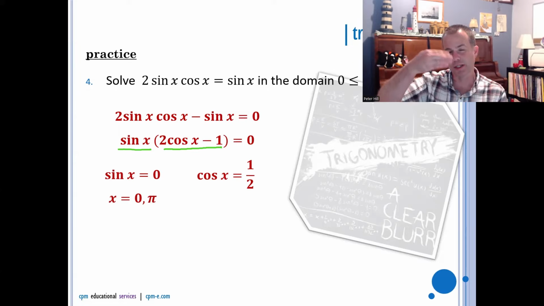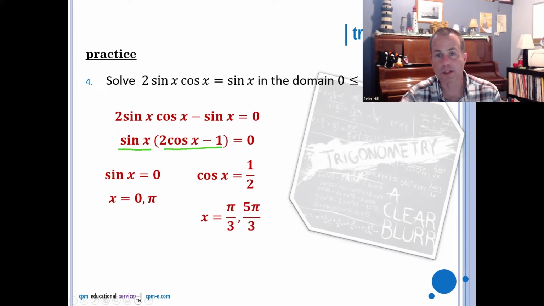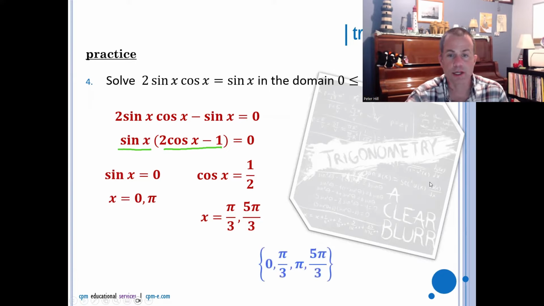I'd be in quadrant 1 and quadrant 4, so that would be π/3 and 5π/3. Then I put this all together, making sure I'm in the right domain, 0 to 2π, and going in order from smallest to largest. I want to put this in set notation brackets: {0, π/3, π, 5π/3}.